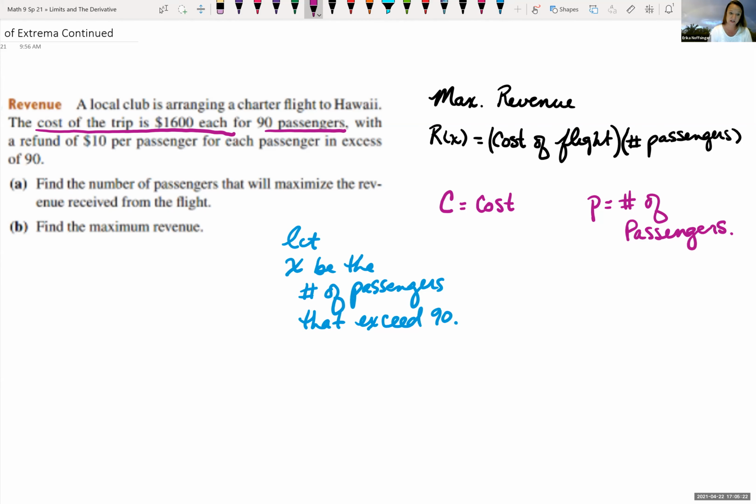So the number of passengers is going to equal 90 plus X.